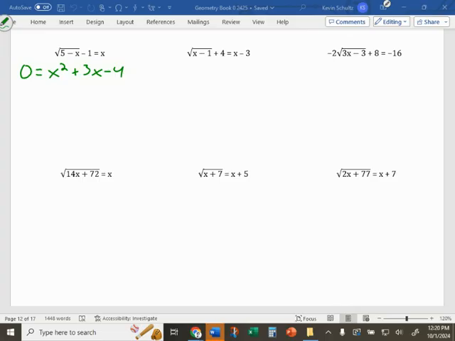Because all you're looking for are two numbers that multiply to equal the constant, and those same two numbers add to equal the middle term. Are there two numbers that multiply to make -4 and add to be +3? 1 and -4. 1 times -4 is -4, but 1 plus -4 is -3.